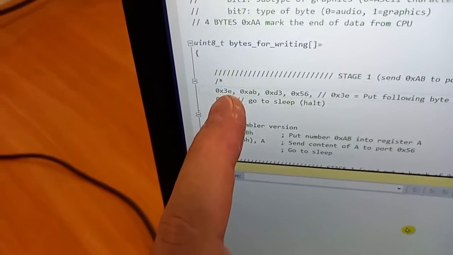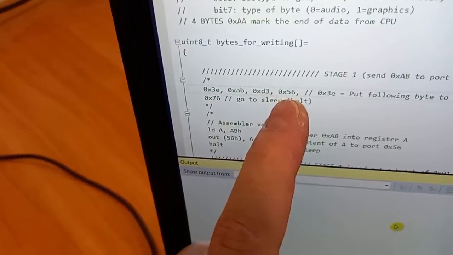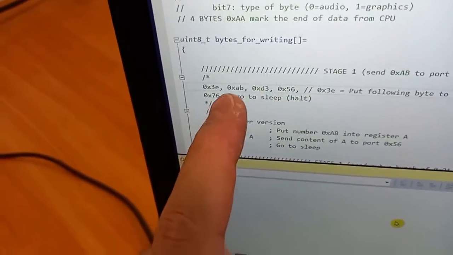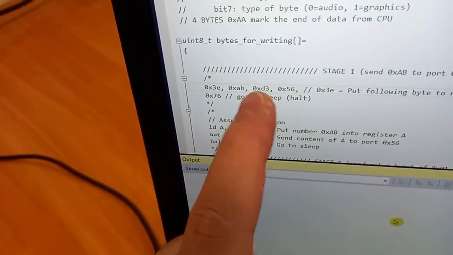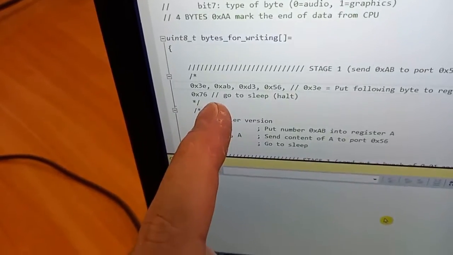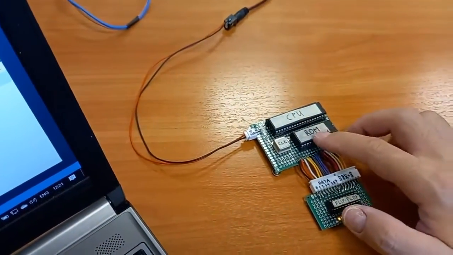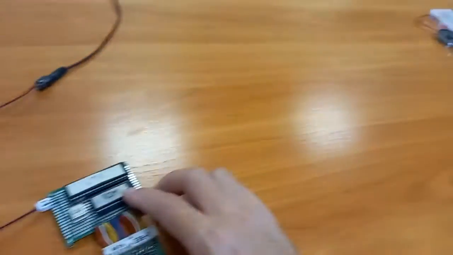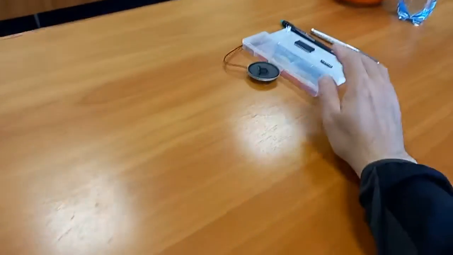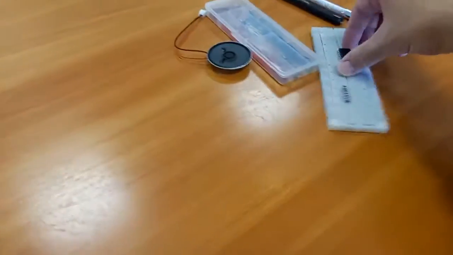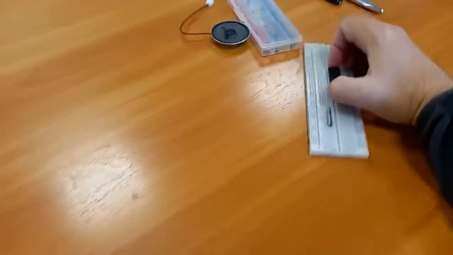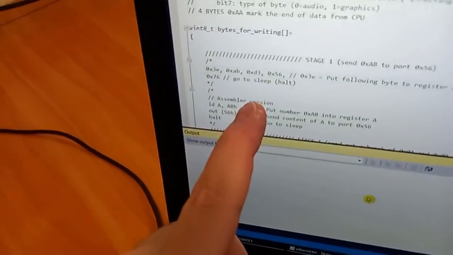So let's do this. We put the same bytes into a brand new chip, a brand new IC. This is the old one, and we have bought a new one, and we need to put the same bytes of data into the new one.